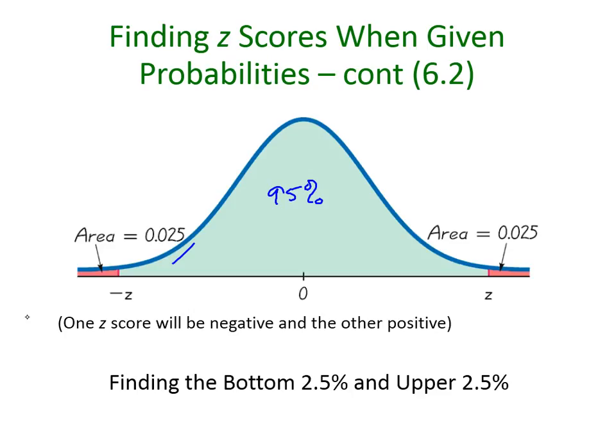You should be getting 1.96, because as you're doing this, you're going to locate the 0.0250.